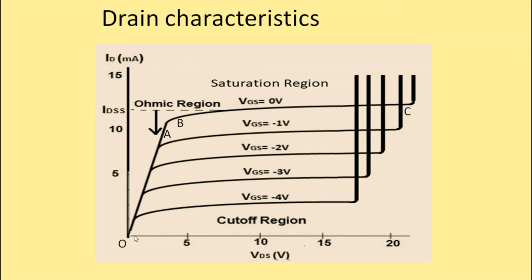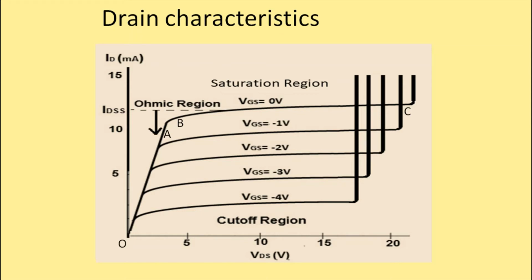As you travel along this axis, the value of VDS keeps on changing, but when you travel along the vertical axis, there is not much change in the value of ID for any change in the value of VDS. So in this region, we consider that the drain current is almost constant.